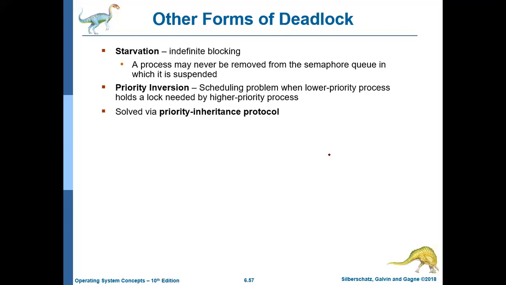In shortest job first, if new processes keep coming again and again, and all of those processes have less burst time, then the processes with high burst time will be stuck for a longer duration, maybe indefinitely. That situation is known as starvation. Here, a process may never be removed from the semaphore queue in which it is suspended. It is known as starvation.